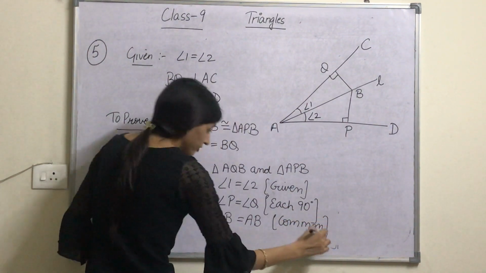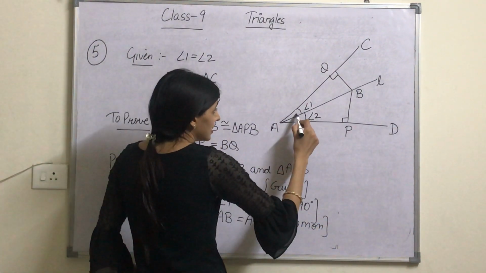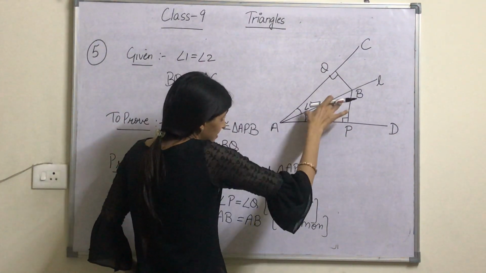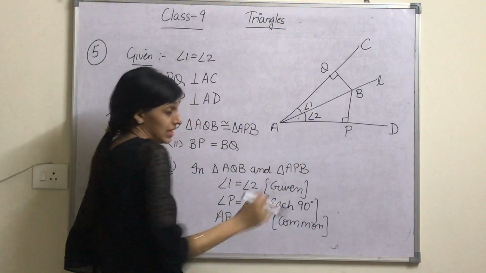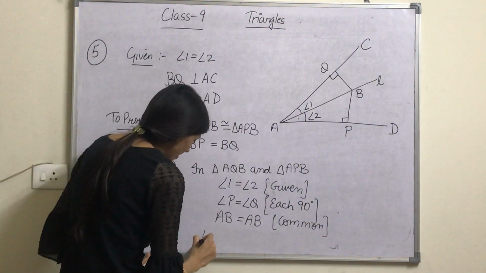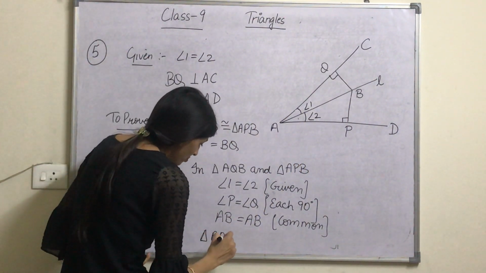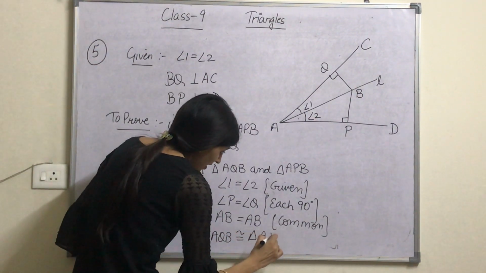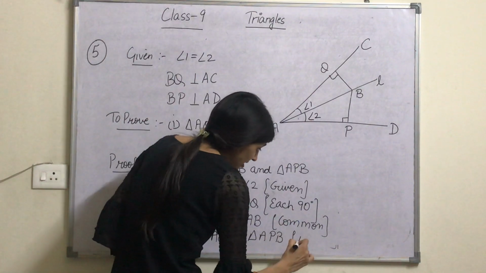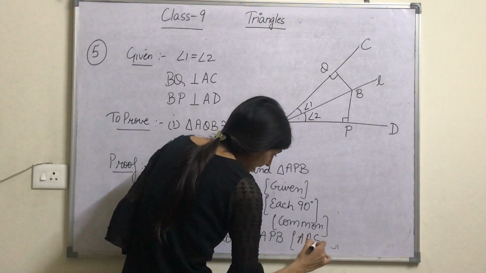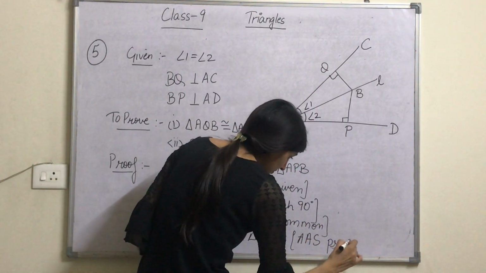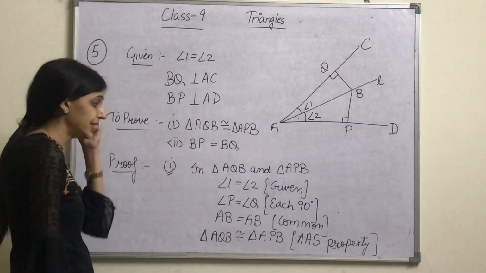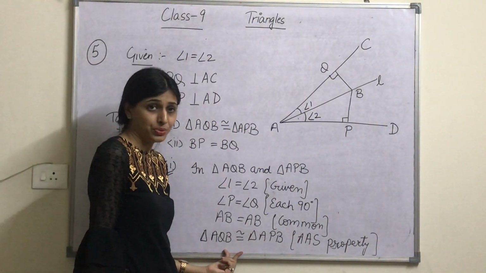Now if you look carefully, this angle equals to this angle equals to this angle, and the side is also equal. So these two triangles are congruent by which condition? AAS, angle angle side property. So by this property, both these triangles are congruent.